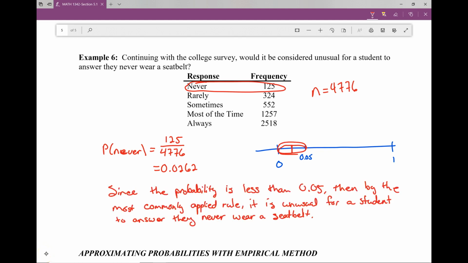So since the probability is less than 0.05, 5/100ths, then by the most commonly applied rule, that's the one we use most of the time, some disciplines will decrease or increase this value. It is unusual for a student to answer they never wear a seatbelt. So again, we're looking at, is it 0.05 or less?